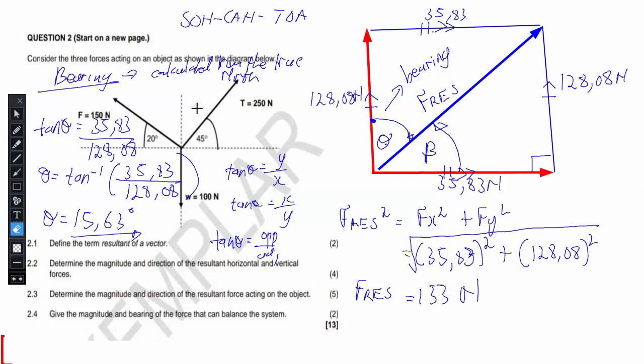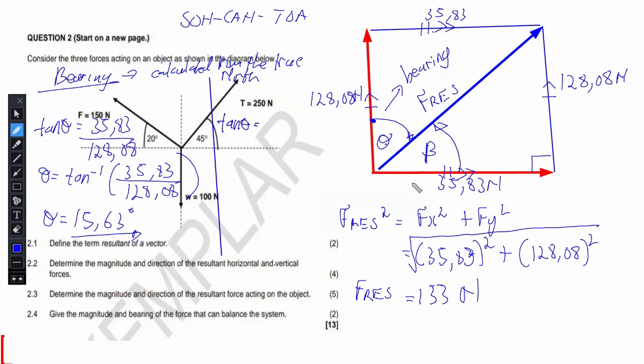For the ones that have been taught at their schools to calculate from the x-axis, from the horizontal, this is how they're going to have it. These are the ones being taught that tan is y over x. Because if you put your angle here, your opposite side is the y and your adjacent side is the x.